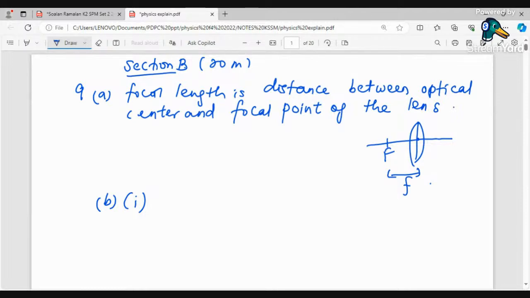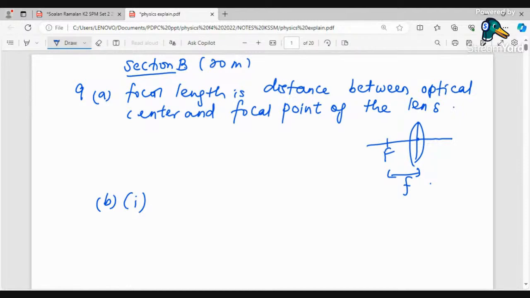The light rays that pass through the optical center move in the same line after passing through the lens. Light rays from the object passing through the focal point in front of the convex lens will be refracted parallel to the principal axis. The light rays refracted by the convex lens converge at the focal point on the sensor.